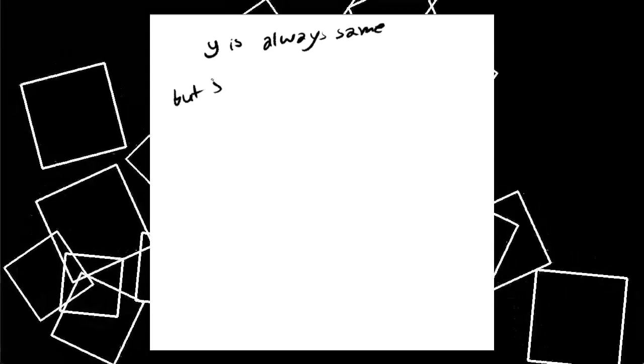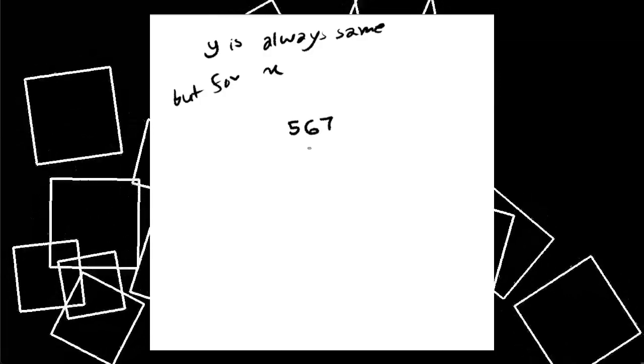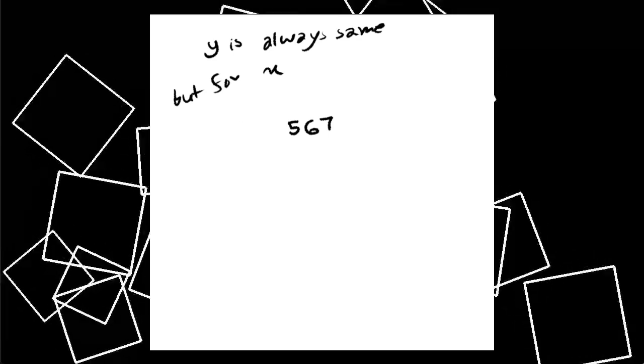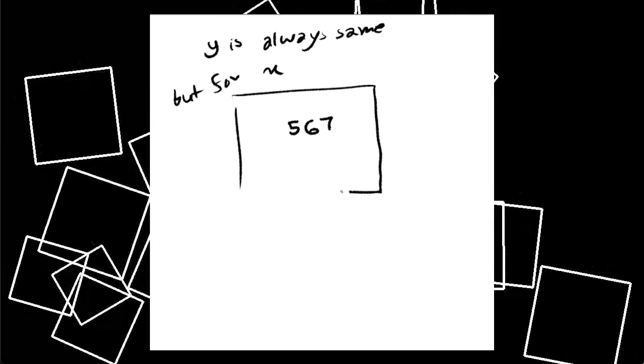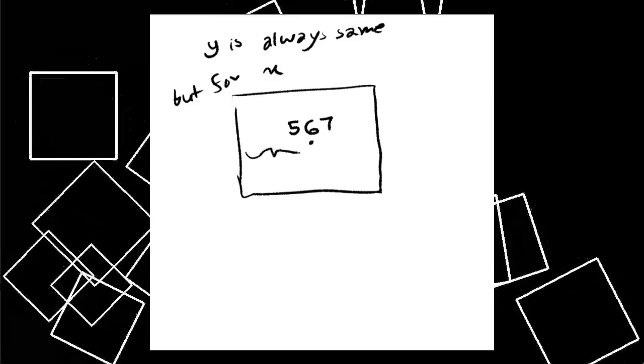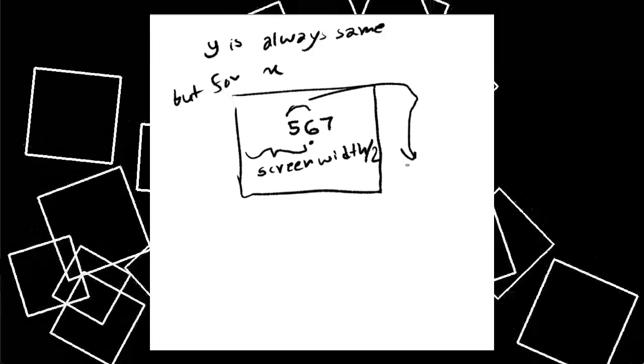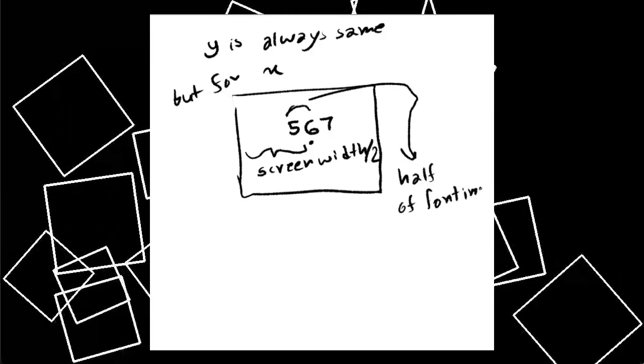But to fix the x position, suppose this is our score, and if we want it to be in the center of the screen, we have to update its position every time. We have to every time do screen width by 2 minus font width by 2. So this will be our position.